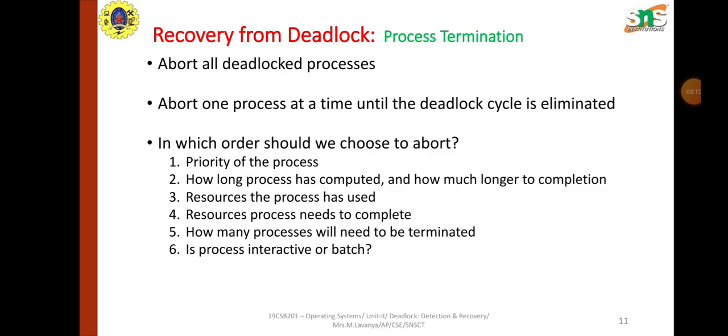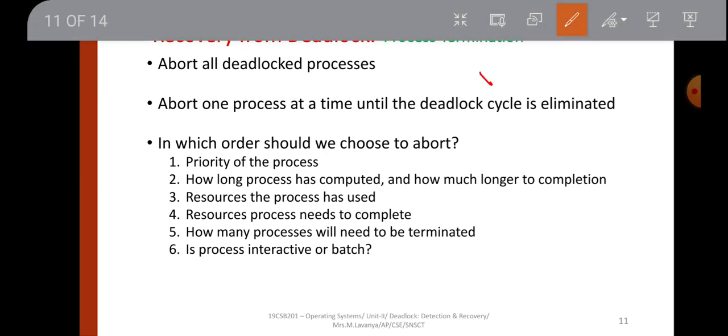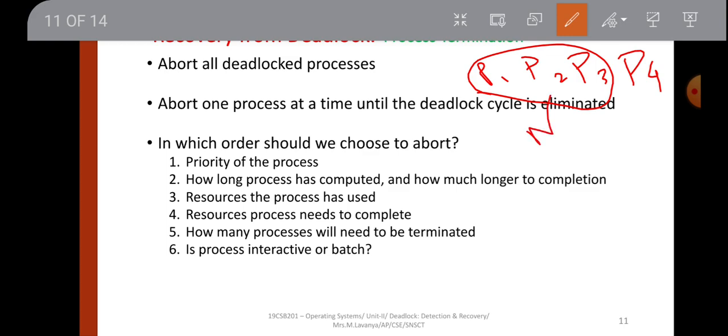Okay, in such a situation, as I have said, if there are four processes P1, P2, P3 and P4, and all these processes were working on n number of resources previously, and P4 is holding only a few resources and is the reason for the occurrence of deadlock, then we remove the process which was allocated last in the system, aborting one process at a time.